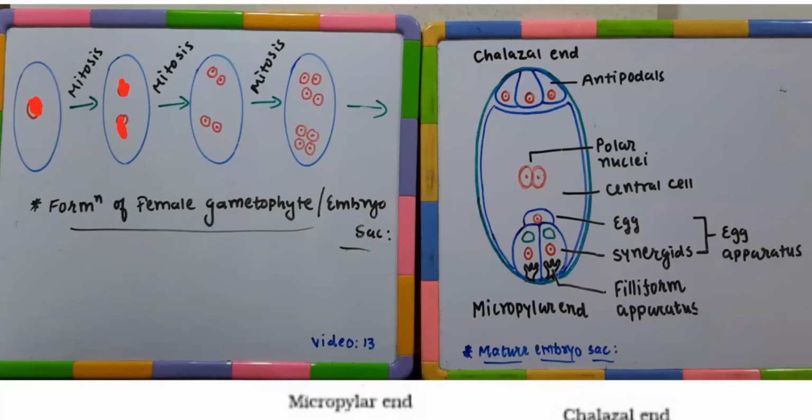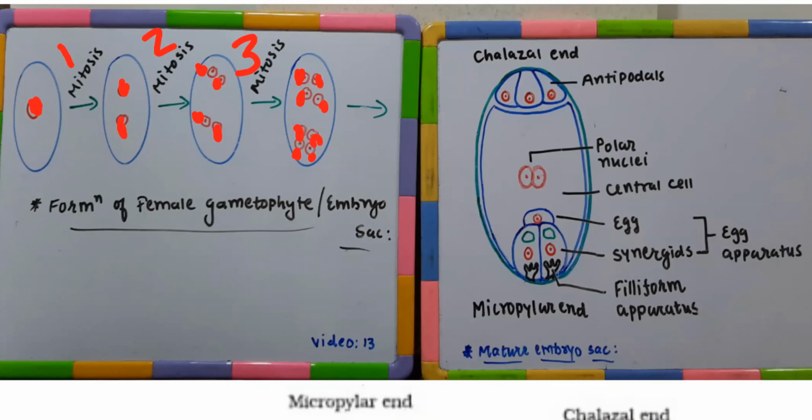First mitotic division takes place over here. Then second mitotic division, in which now 4 nuclei come into existence. Third mitotic division is the one in which 8 haploid nuclei come into existence. So an embryo sac becomes 8 nucleate stage.